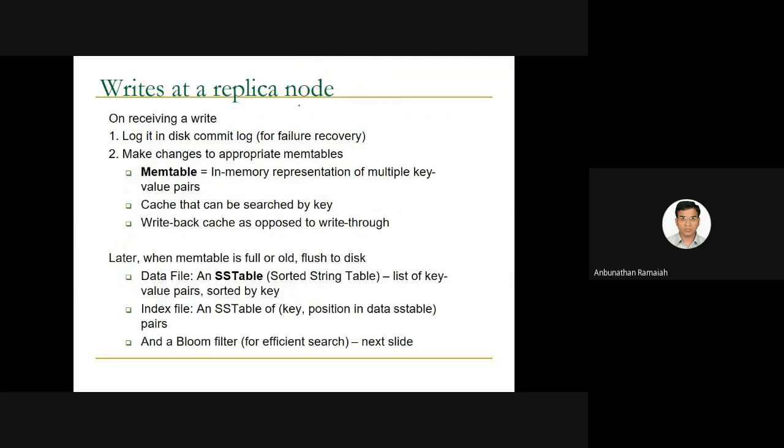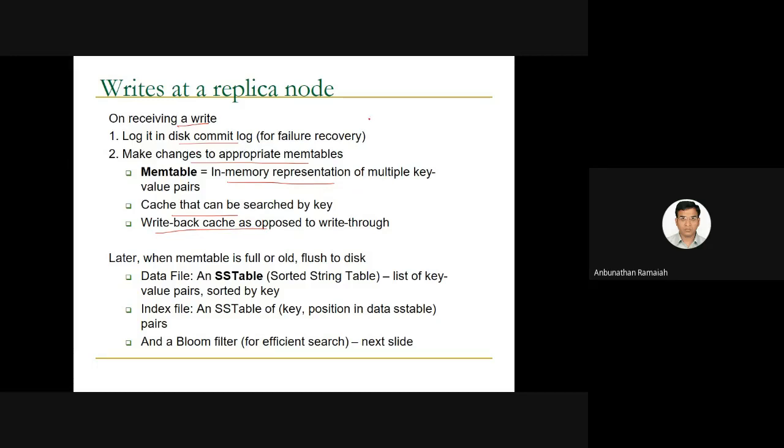Writes at a replica node: on receiving a write, log it in the disk commit log. Then make changes to the appropriate memory tables. First, memory tables are prepared, which are key value pairs, a cache that can be searched by key. Then the write-back cache is written out; this will be explained in the subsequent slide.